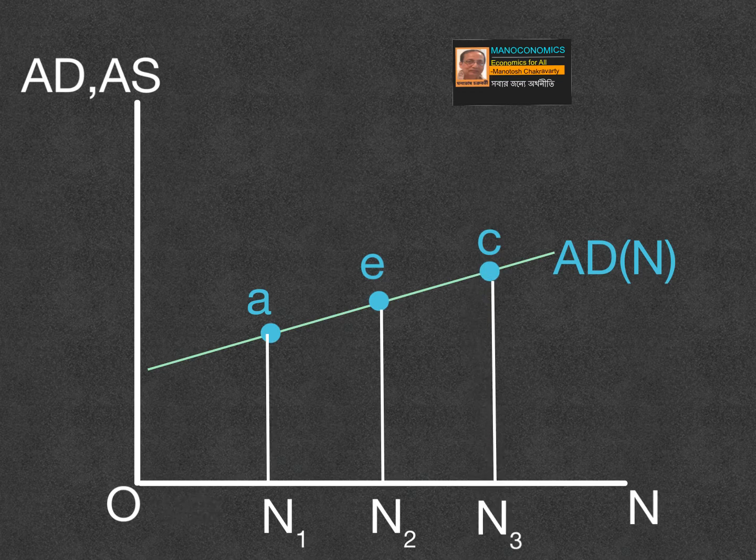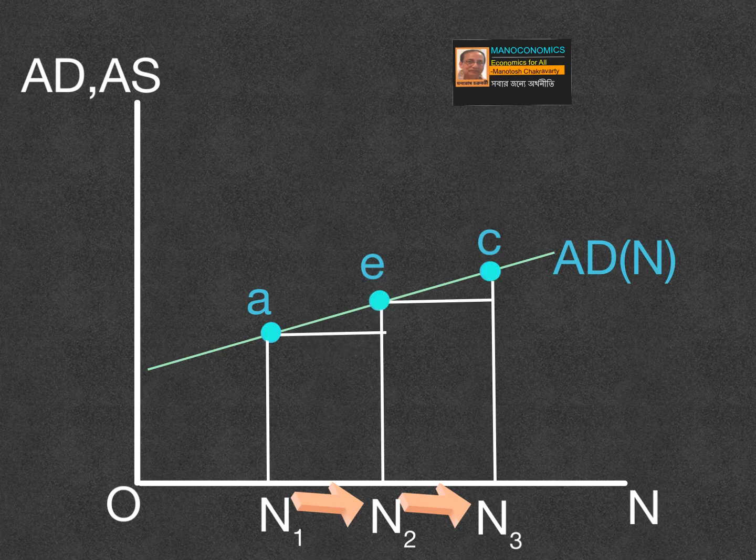We see here that as the volume of employment increases, the expected returns also increase, but here it is assumed that expected returns increase at a constant rate, and as such the slope remains constant, and the aggregate demand curve becomes a straight line.